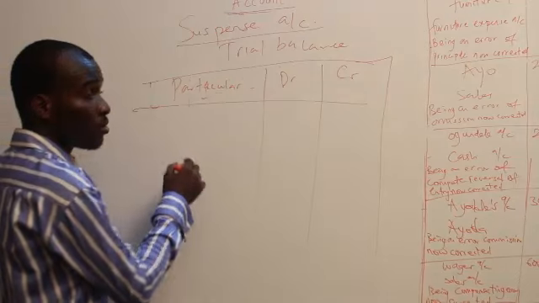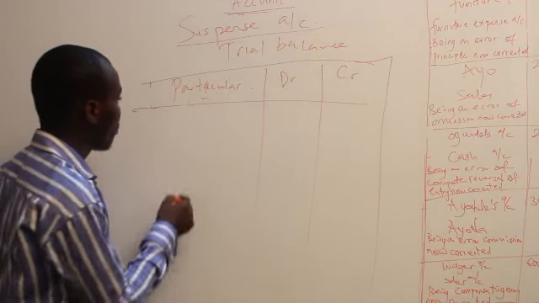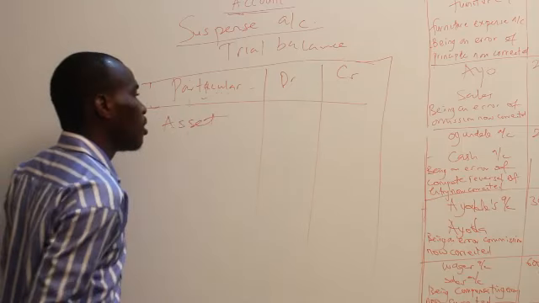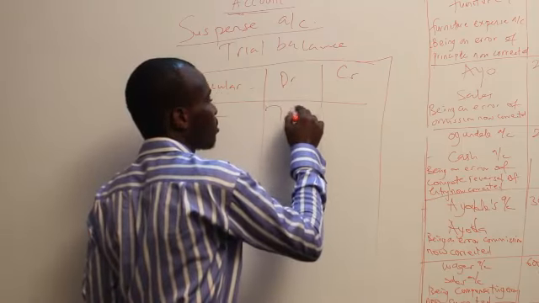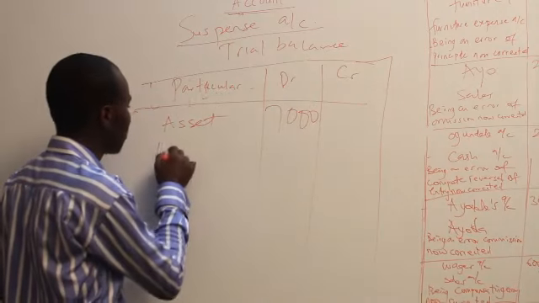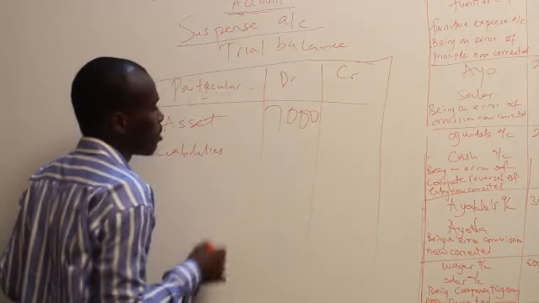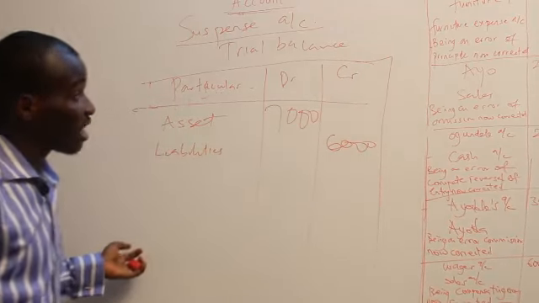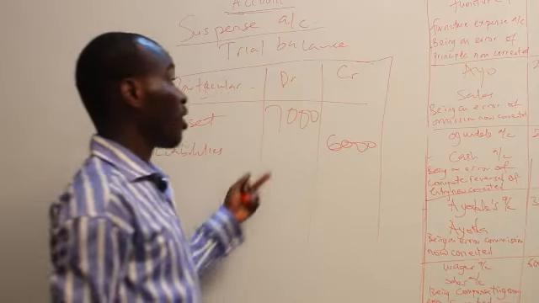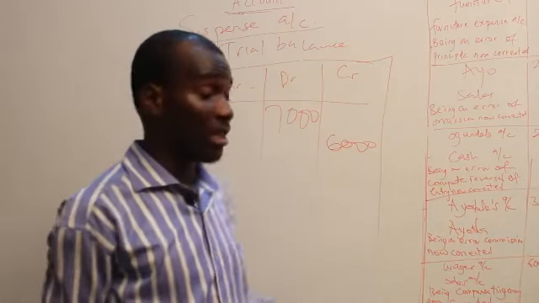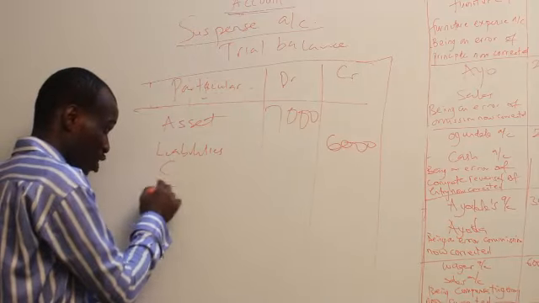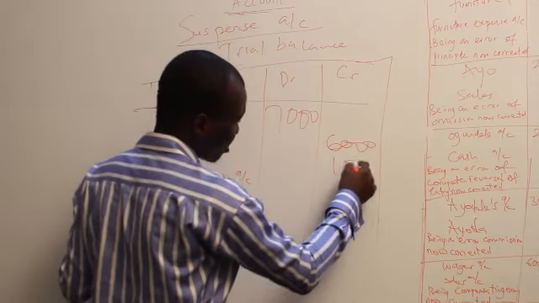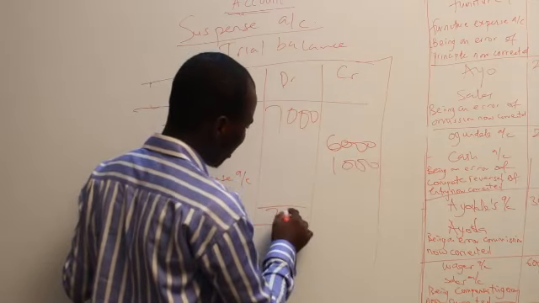We have the assets, 7,000. So we have the liabilities, 6,000. Can we see that the trial balance does not agree? The total of the debit side is not the same as the total of the credit side. So we are going to take the difference into a suspense account. That becomes 1,000, so the trial balance can easily balance.